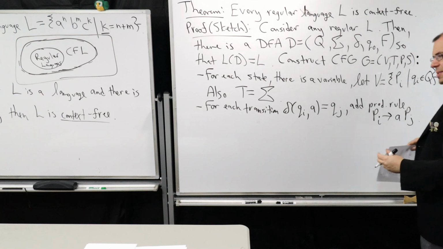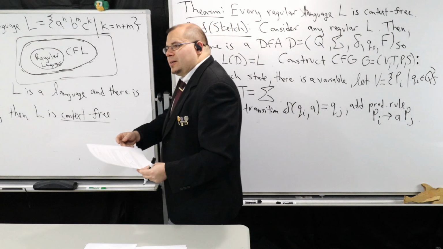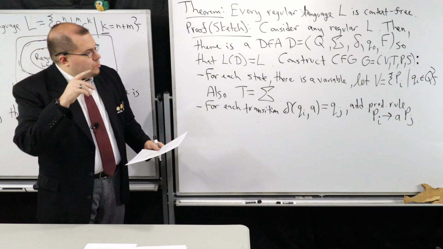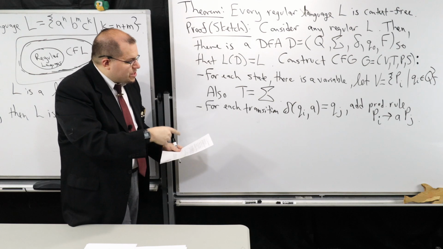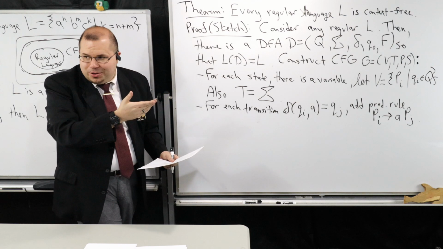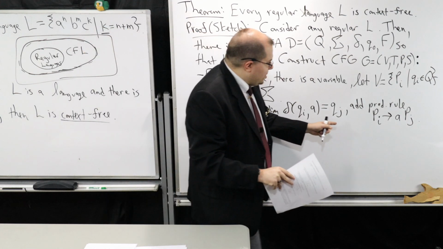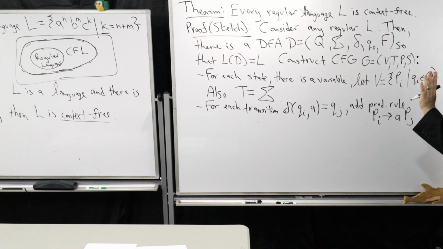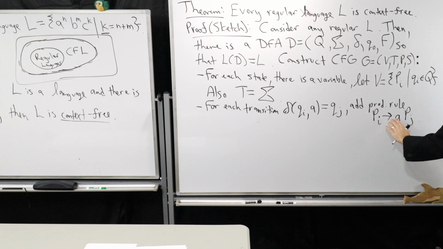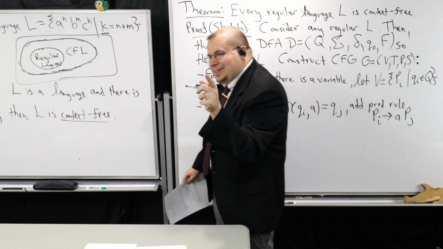This makes sense if you think about it. Remember, every time I go from one state to another, I read a symbol, then I go to the next state, right? But if each state is represented by a variable, just think about it for a moment. If I'm at a state, and remember, the state is a variable now, and I read a, then I surely should go to state j, because it's a transition.